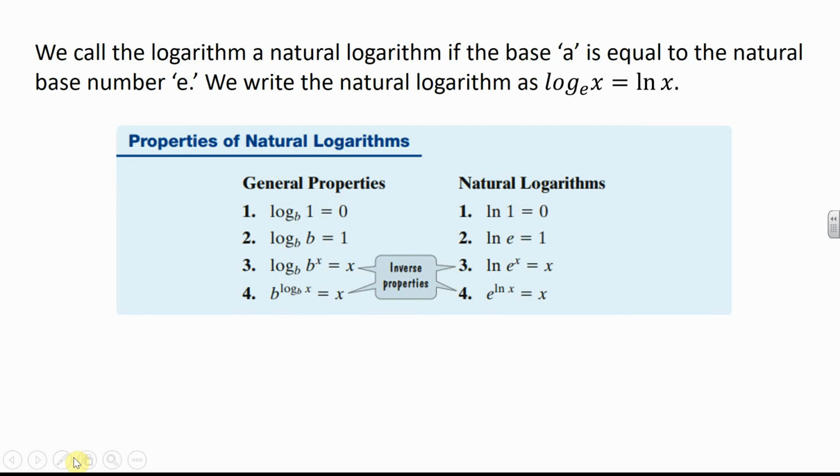Well, what happens if we call the base b, the base here a? I'm sorry, this is from like 80 years ago where the base used to be called a, and that should have been b.